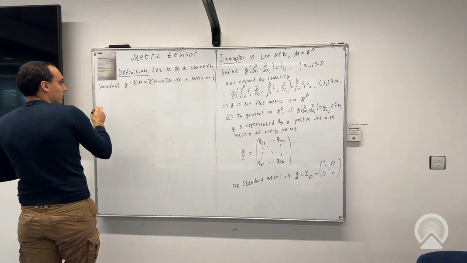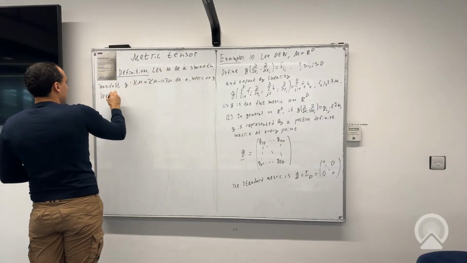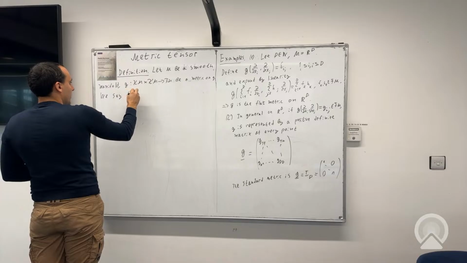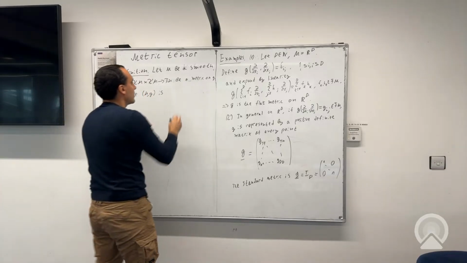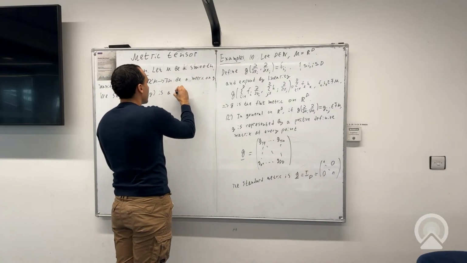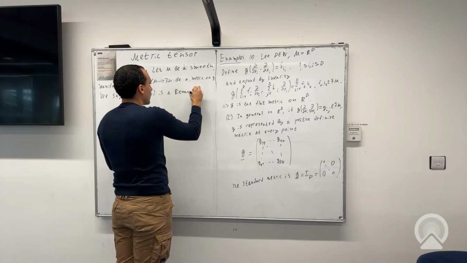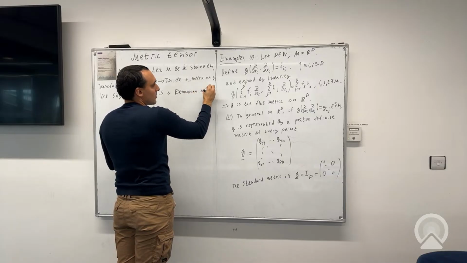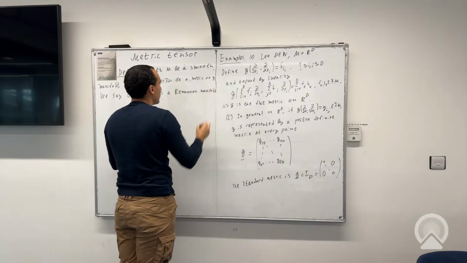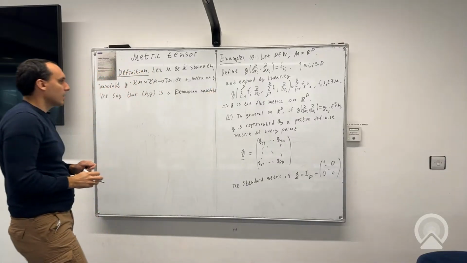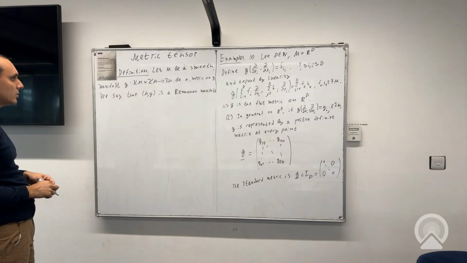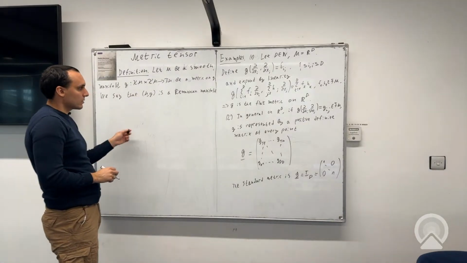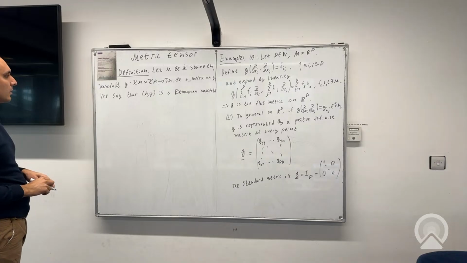I should have done this in the previous definition, but we say that the pair M, G is a Riemannian manifold. Riemann was the mathematician in the 19th century who created the theory of manifolds, but he did not know that you can do without a metric. So he did, I think, only with metrics. And so it's called after him. Okay.